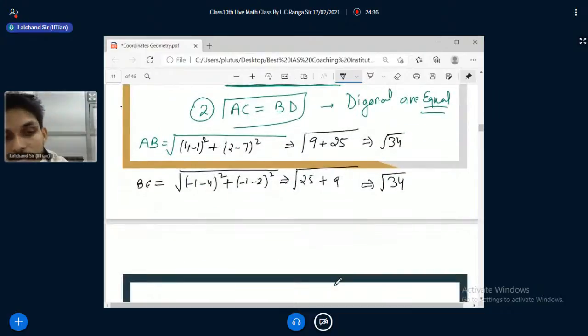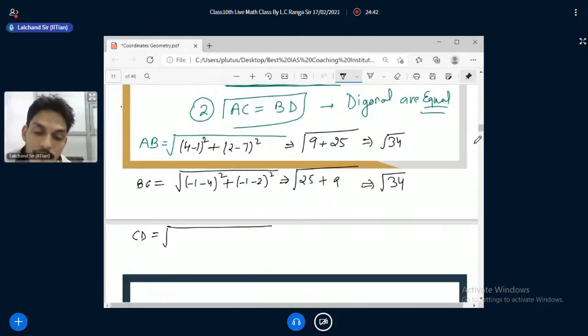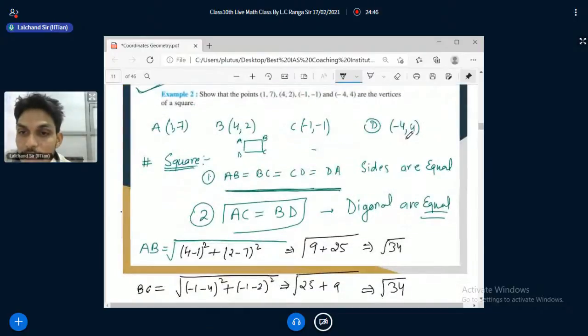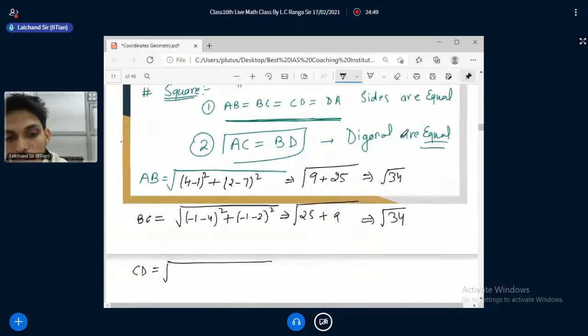Now find out the distance between C and D. What is the value of C and what is the value of D?